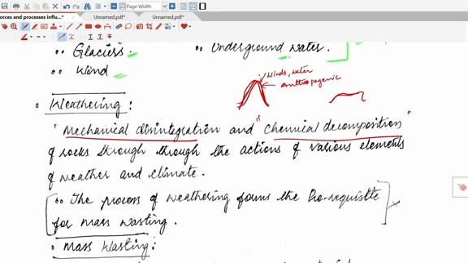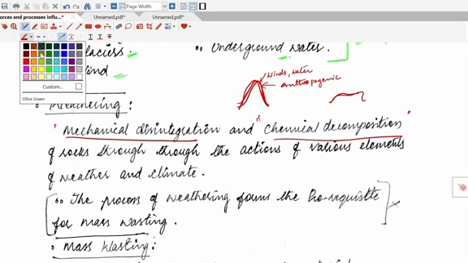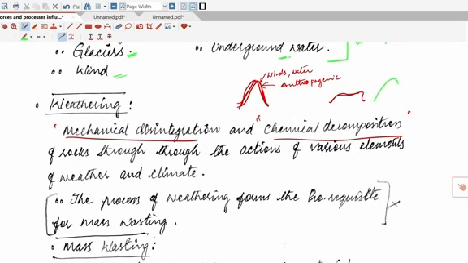Here we'll see different kinds of plants are grown on mountains or rocks, different kinds of plants which grow in these reliefs.